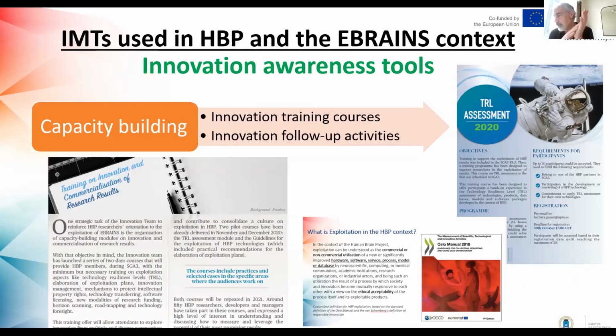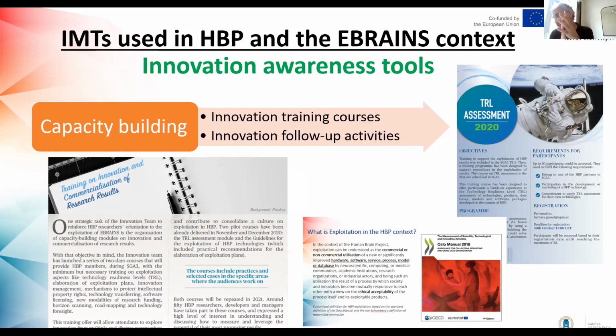Then we also delivered an exploitation plans course, trying to explain a specific part of innovation that is exploitation, and how to make the different exploitation plans by the end of March or April.